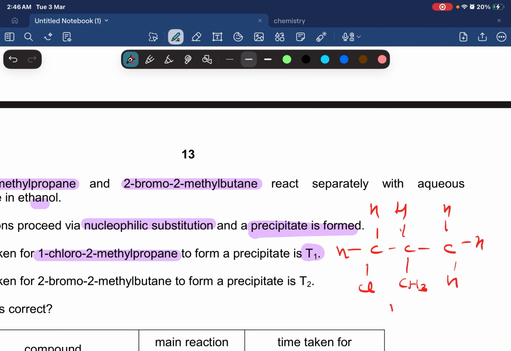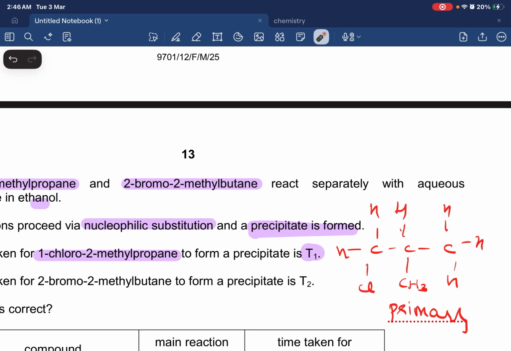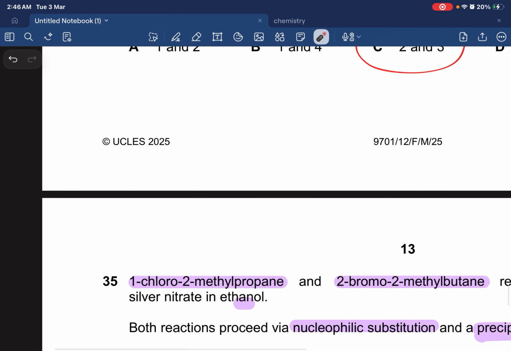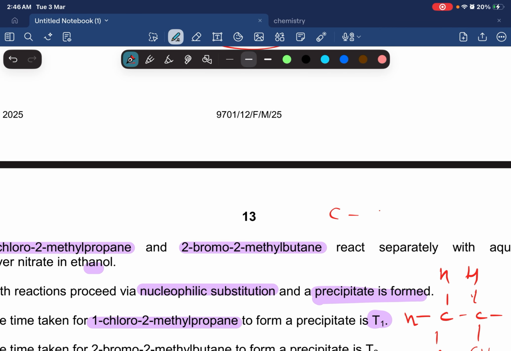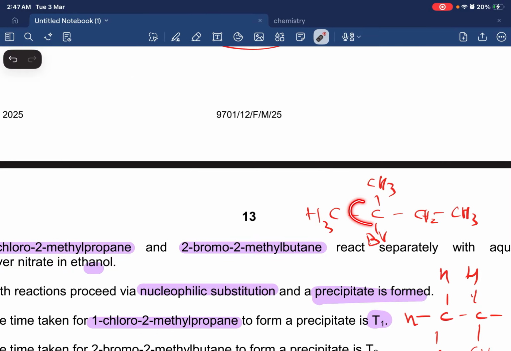I don't think I need to explain this even, because you can see hydrogen and hydrogen on the carbon that's bonded to chlorine. Now we draw 2-bromo-2-methylbutane. So butane means 1, 2, 3, 4, 2-methyl and 2-bromo. I don't think that needs any explanation. This is simply a tertiary halogenoalkane.